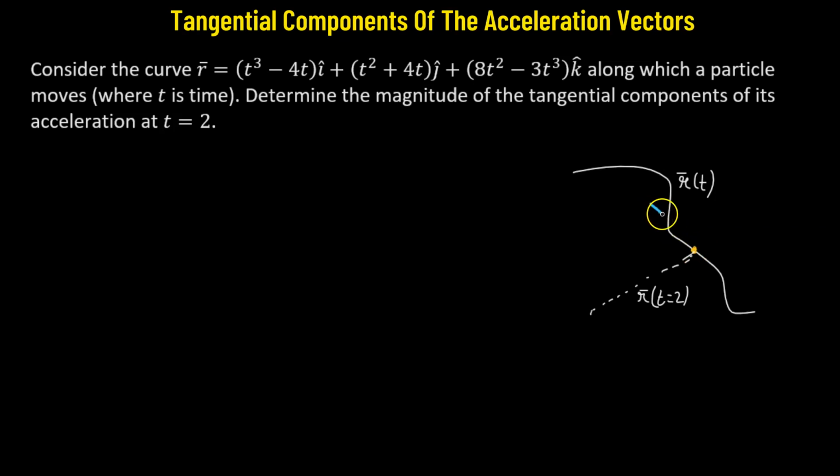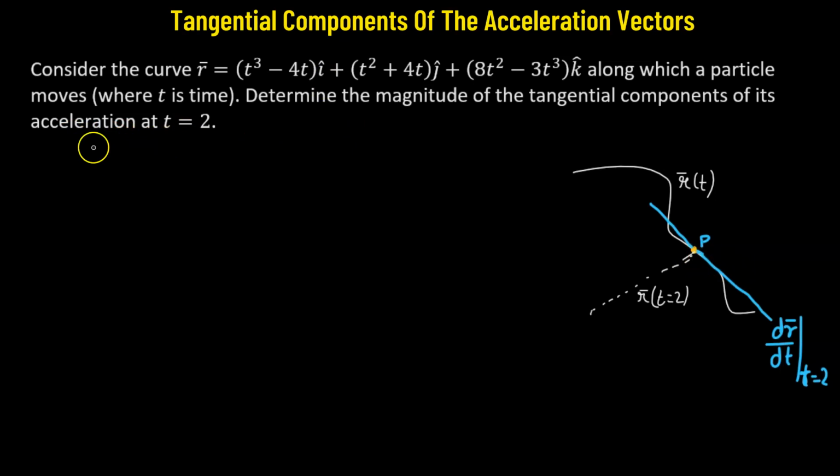So we draw a tangent which passes through that point and touches the curve at the point P. The tangent is given by the rate of change of the radius vector r, calculated at time t equals 2. This is also referred to as the tangent function, but our task here will be to determine the tangential component of the acceleration at that particular point P.